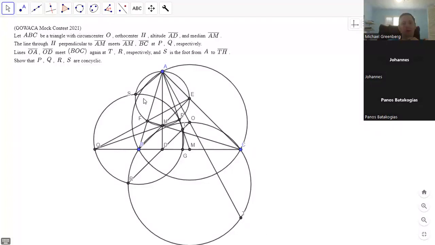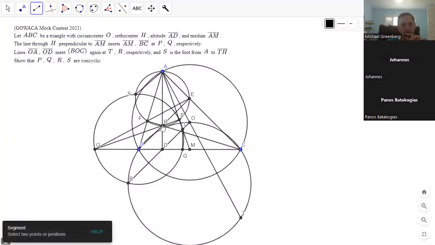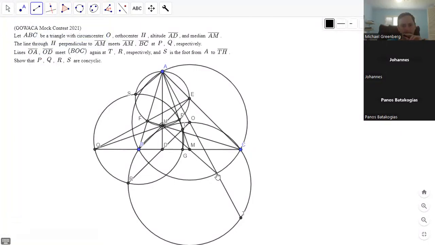Oh, because originally we defined it as the intersection. Okay. So we know that H, M, and this point are collinear. We want to show that H, G, and T would be collinear under this definition.